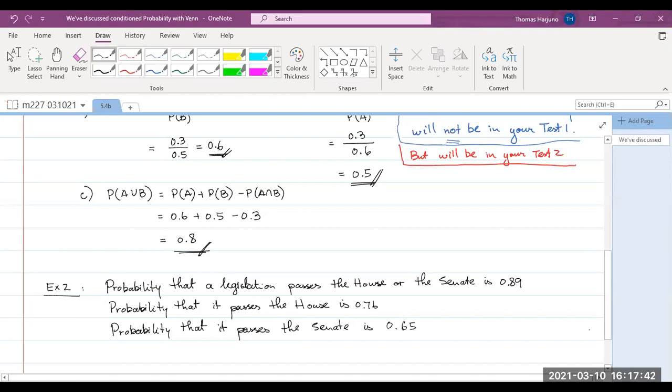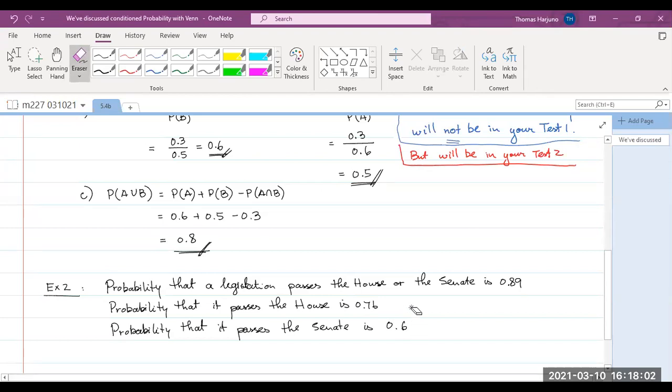Now, I try to mimic the same question we have in the quiz that you turned in. Let me get a better number so that you can relate it to what we have there. 0.62 in the Senate.